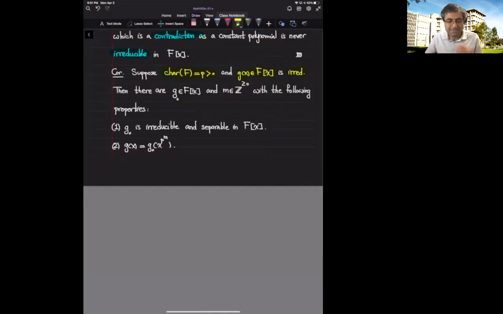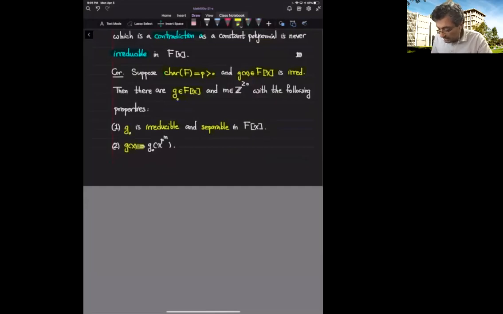The answer is yes. Then it's going to be some other polynomial evaluated at x to the power p. So I can repeat this process and end up getting some polynomial in F[x] that is both irreducible and separable. And what's the connection between g naught and g?